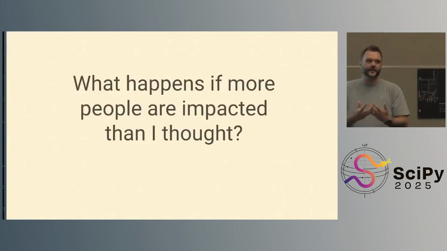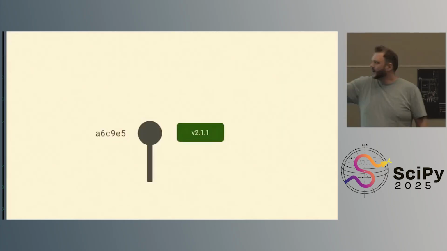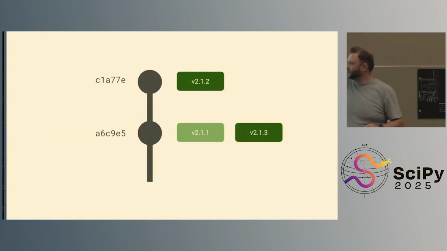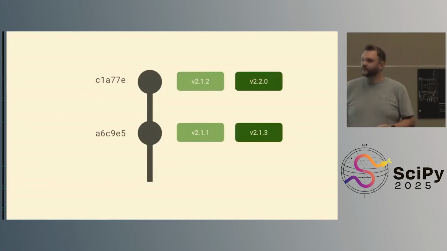So something we do in EffVer packaged projects is, say we've got a commit on main and it's version 2.1.1. Fine. We don't actually have to change the code at all, right? We're happy with main. We'll leave main alone. But we'll go back to that earlier commit and retag that 2.1.3. Everyone can just upgrade again. They're going back to where they were before, but from a solver, a pip or conda perspective, it will just solve to the newest, highest version, and that's fine. And then I can retag the tip of main again as 2.2.0.